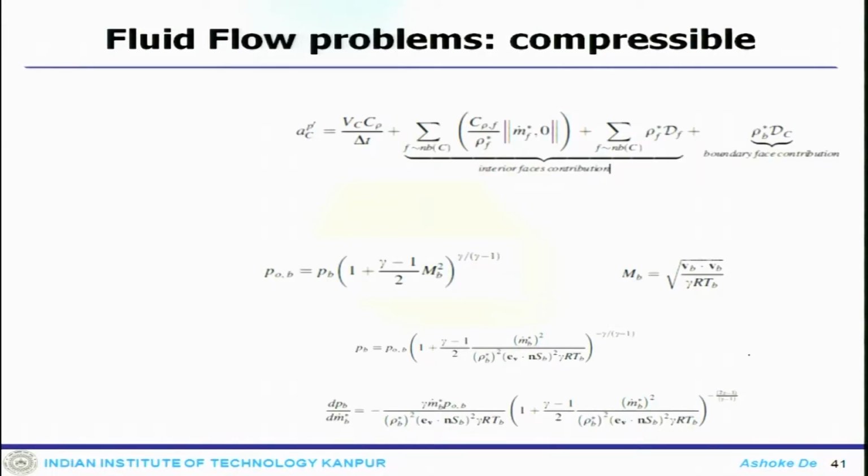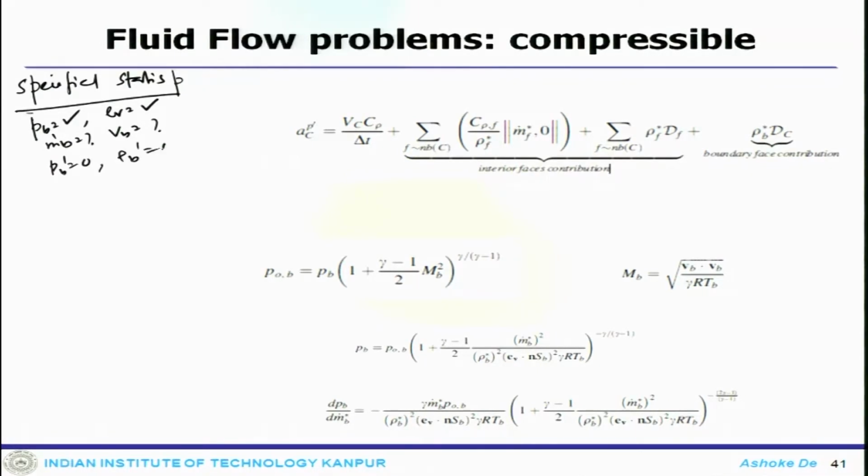Now, the other option is you can specify static pressure. Static pressure, that means PB is known and also the velocity direction is known, what we do not know is this and this. Now, in this case for static pressure known, the PB is known. So, PB prime can be set to 0 and consequently your rho B prime is also 0.